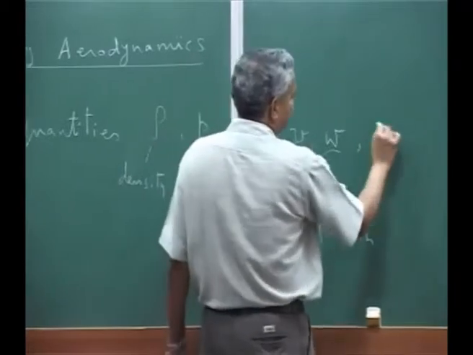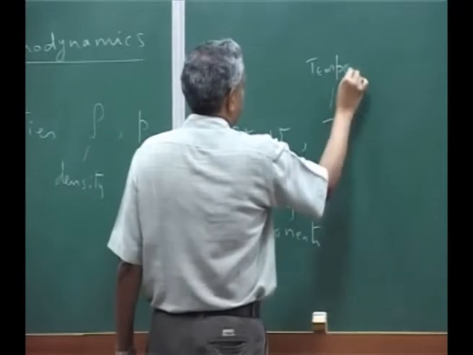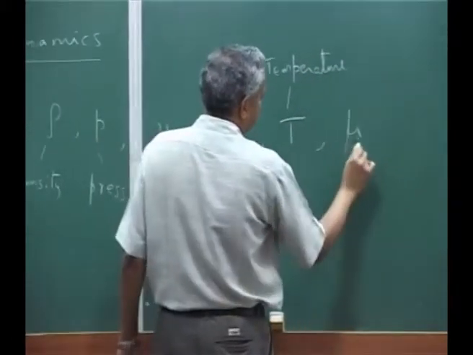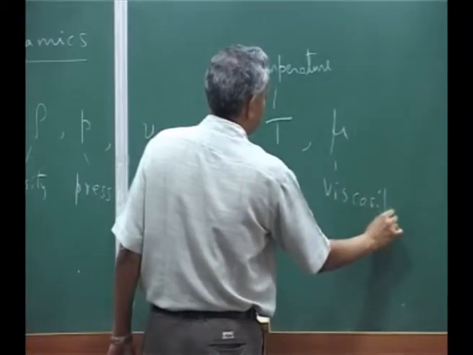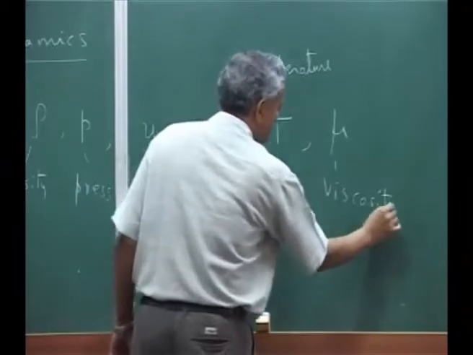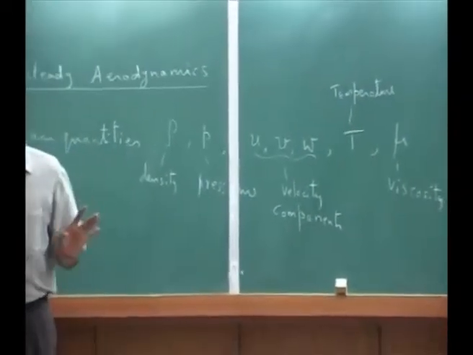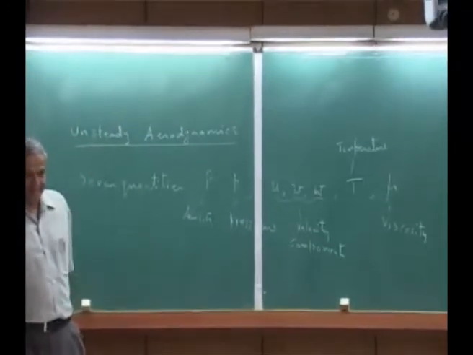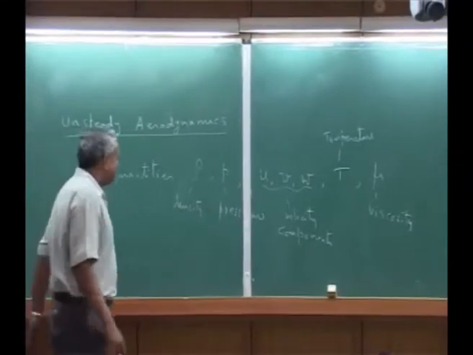Then temperature, and viscosity. So essentially you have 7 quantities at any point in the fluid. Non-reacting fluids, that's what we are taking.